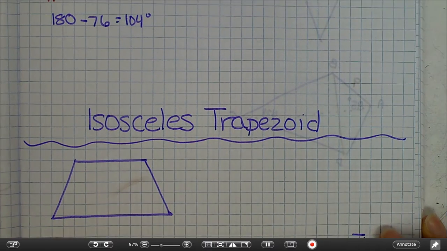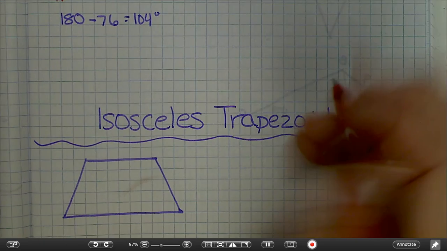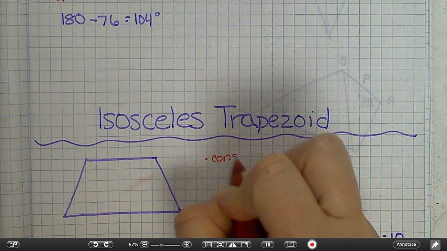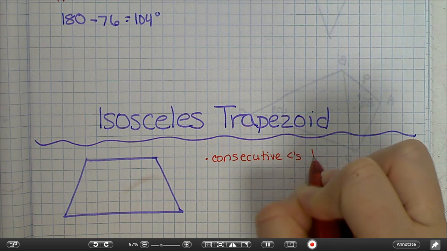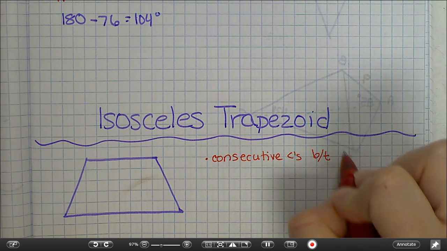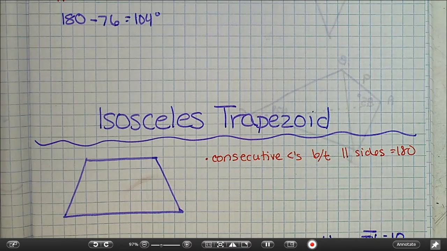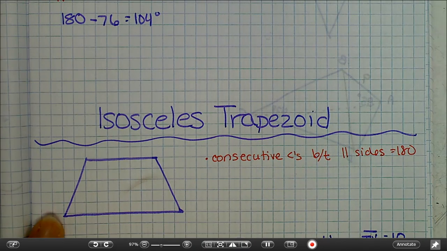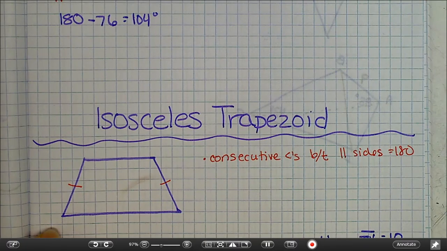In an isosceles trapezoid, we have the same consecutive angles between parallel sides equal to 180. That's one property. Remember, the definition is that it has a pair of legs that are congruent.